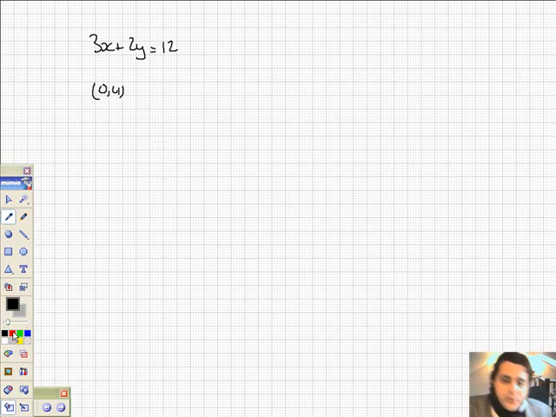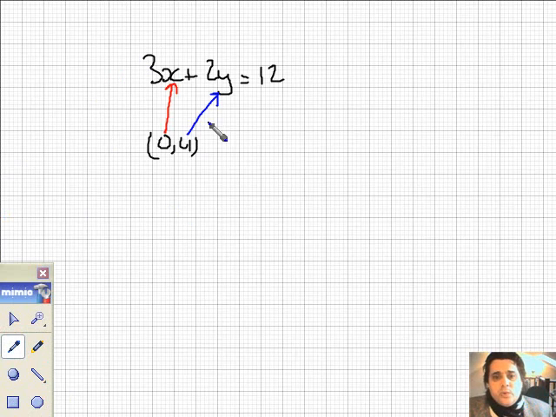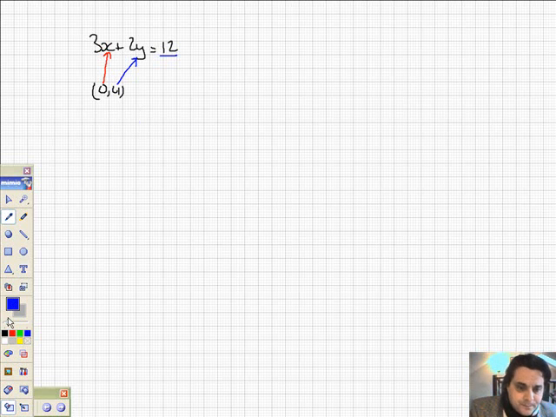Well, this is what we do. If we put the 0 in the x position, because that's the x coordinate, and the 4 in the y position, because that's the y coordinate, if the sum works out to be 12, then this coordinate belongs to that equation and therefore sits on the line. Let's try it.